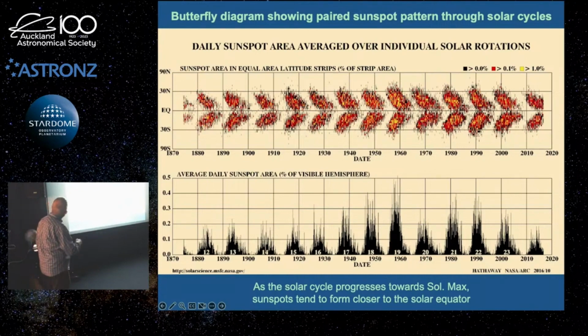And you can see, if you look up a line, here's obviously a solar maximum. Here is a line here with solar maximum. But notice afterwards, or just leading into it, I should say, the sunspots get more and more towards the equatorial latitudes.